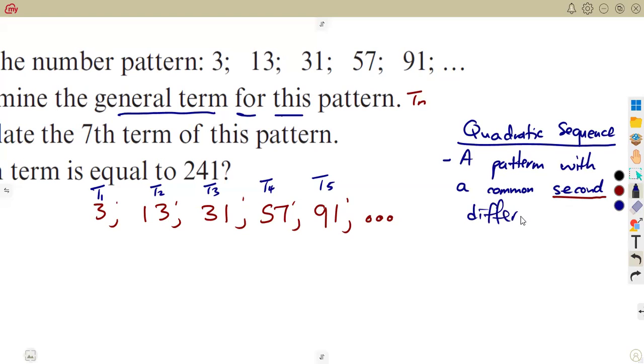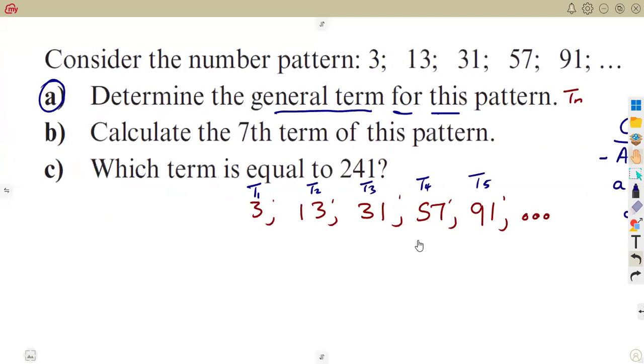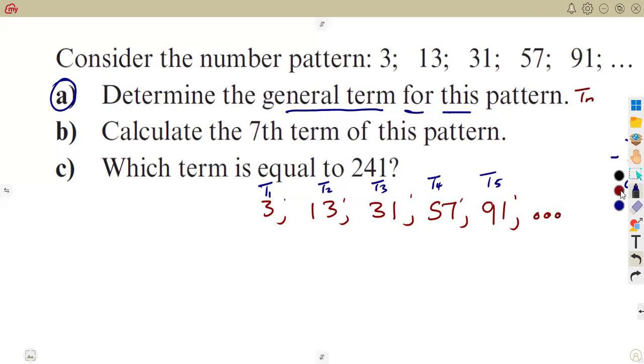That's the first thing that you're going to notice. Meaning, as you are testing, you know your arithmetic, you are supposed to consider T2 minus T1, T3 minus T2, T4 minus T3, T5 minus T4.